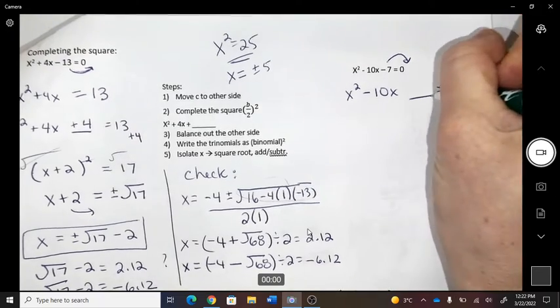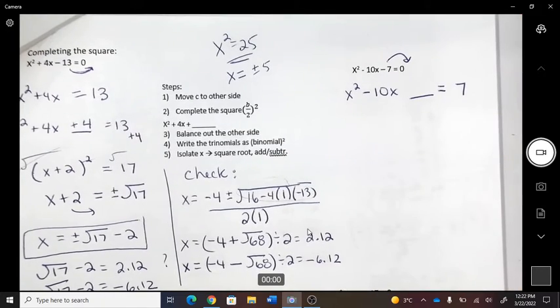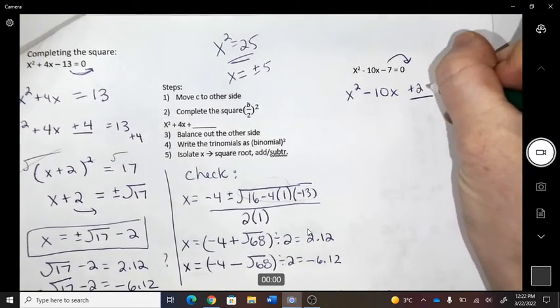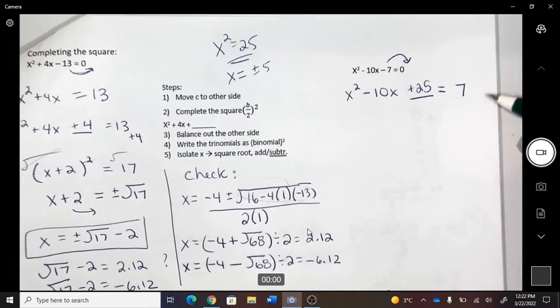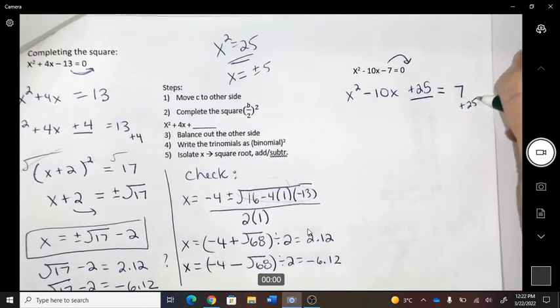You need to finish that trinomial with divide by 2 and square. Do you put 25? Teeter-totter, it's a 25.